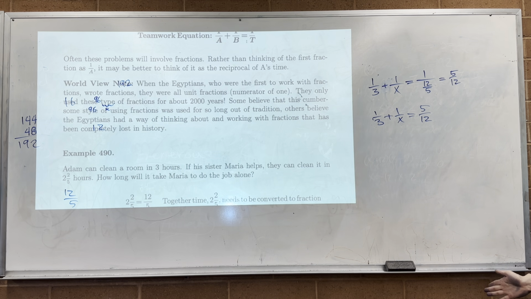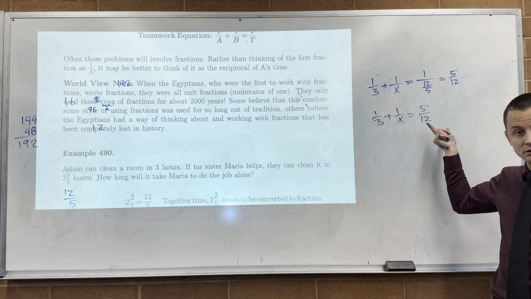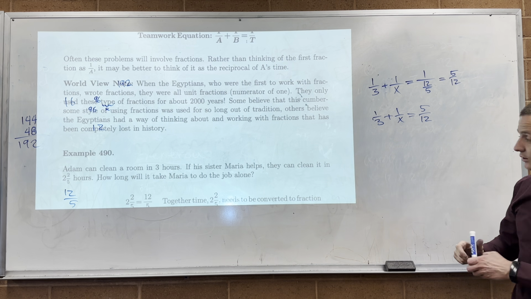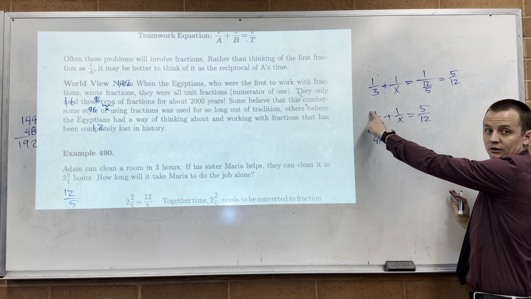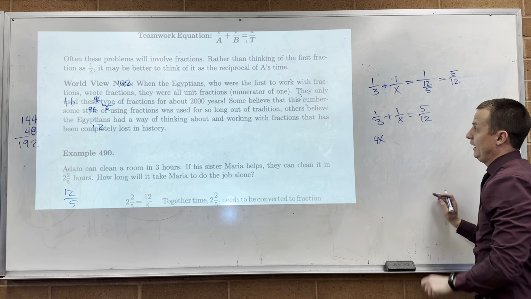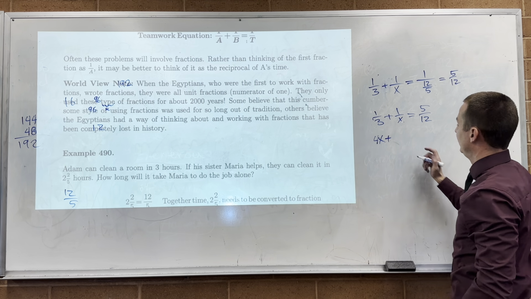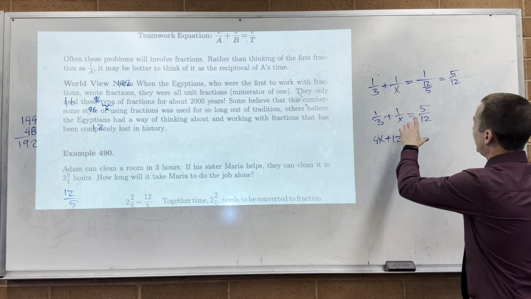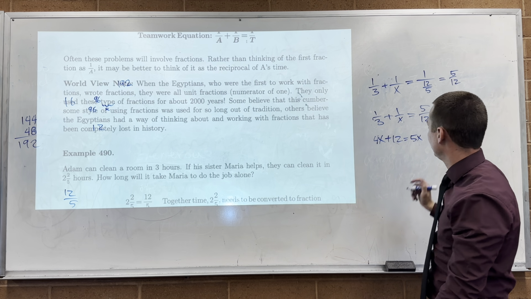In this case, it's 12x. When I multiply 1/3 by 12x, 12 cancels out with 3, leaving 4, and then x. Plus, when I multiply 1 over x by 12x, the x's cancel out, leaving me with 12. When I multiply 5/12 by 12x, the 12's cancel out, leaving me with 5x.